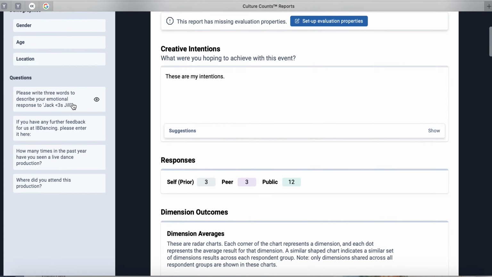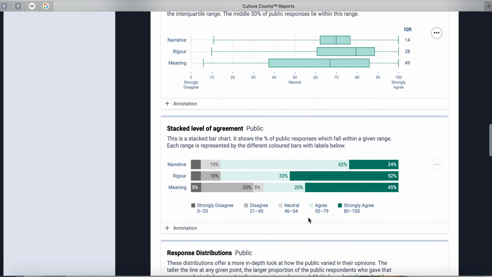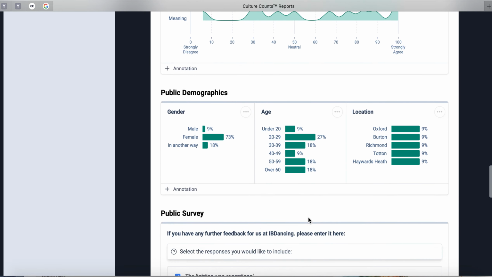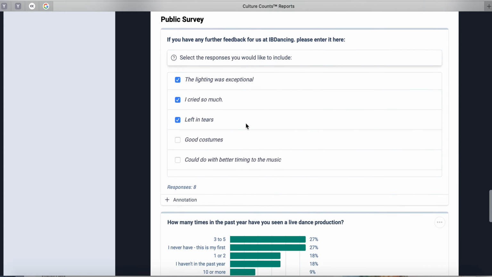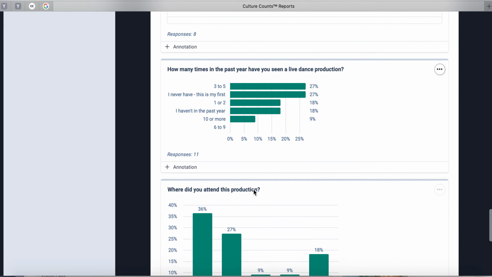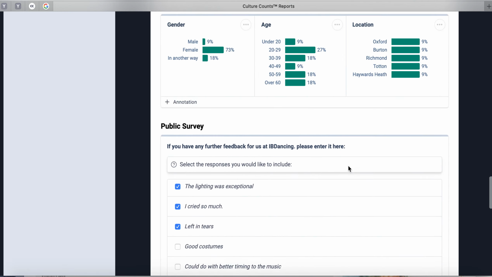So let's say I want to not include the 3 words question. I would click on the eye. See, it's now crossed out. If I scroll down to where the 3 words question was, it was above this one and it's no longer there. So it's important for you to remember that you can remove them if you do not wish for them to be displayed.